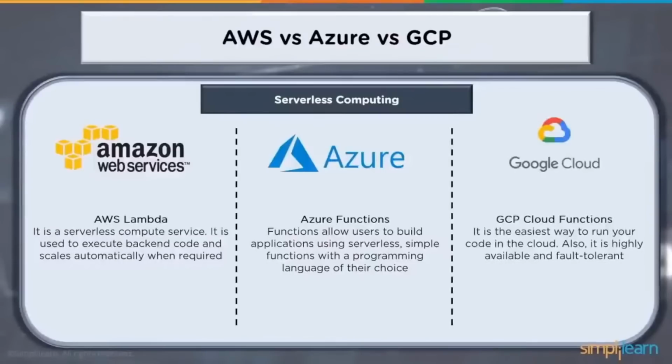When we talk about Google Cloud, GCP has Cloud Functions, which is the easiest way to run your code in the cloud, and it is highly available and fault tolerant. So these days, when we are talking about microservices architecture, which organizations are preferring, organizations which can scale, which can dynamically change their underlying architecture, would be interested in serverless computing, where they do not have to have an infrastructure set up, planned in advance before going for their use case.